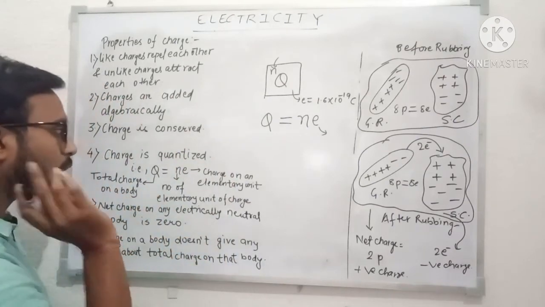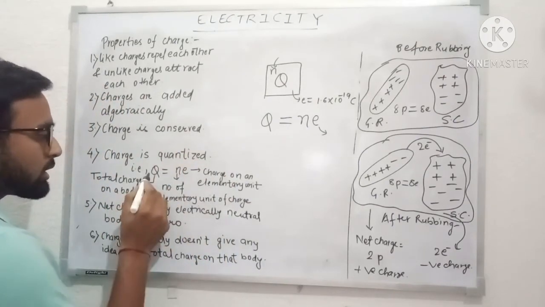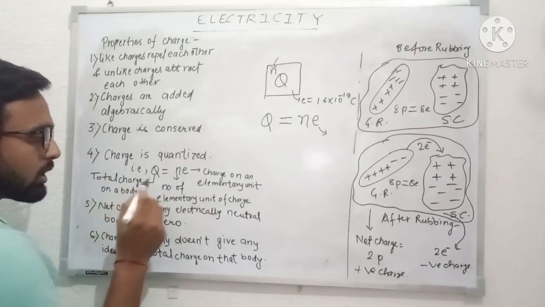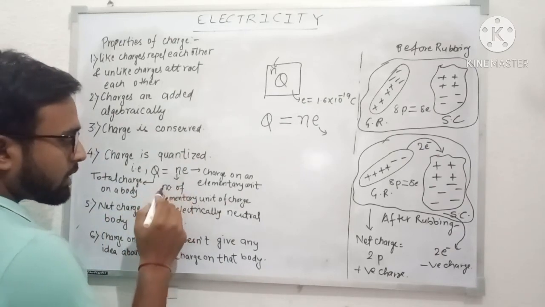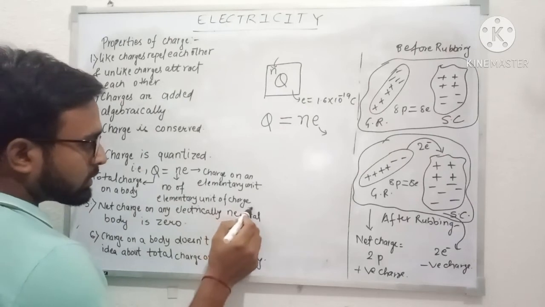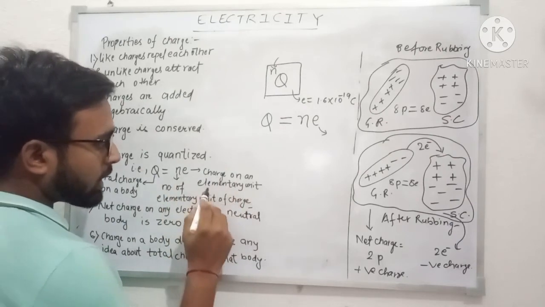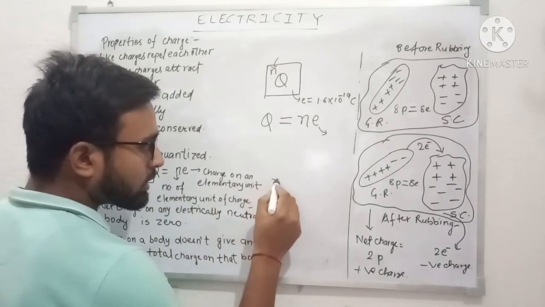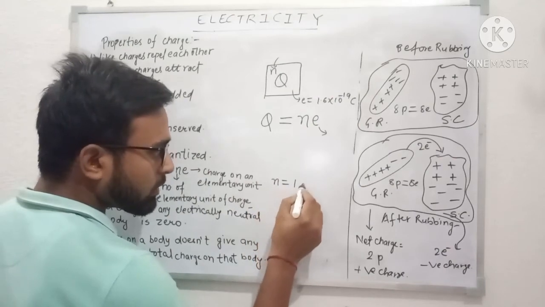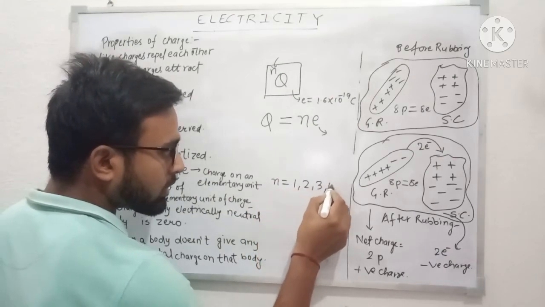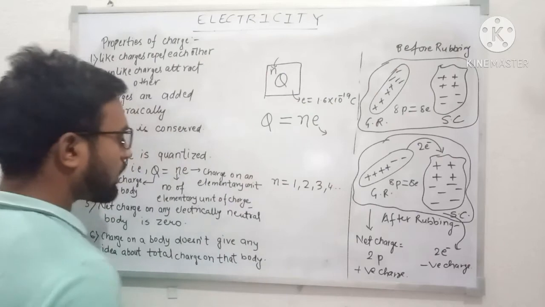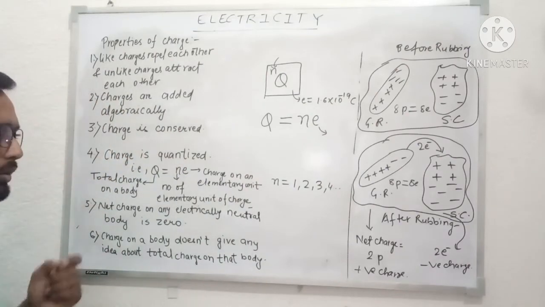Q is the total charge on a body, n is the number of elementary units of charge and e is the charge on an elementary unit. So n is a number, and it is always a natural number: 1, 2, 3, 4, and so on. That is what the fourth property of charge is.